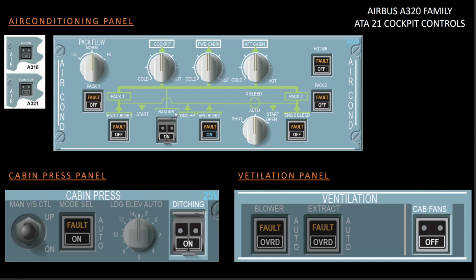There's another push button we should know, the ram air push button. This push button and this rotary selector we'll discuss when we come to chapter 36, the pneumatic system.